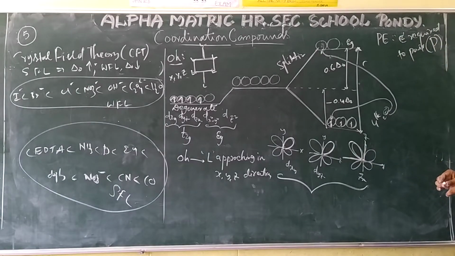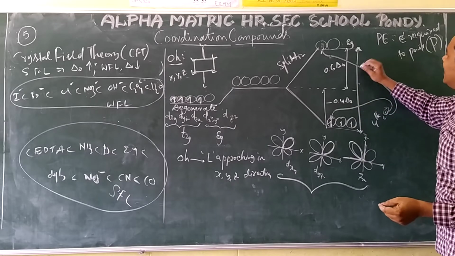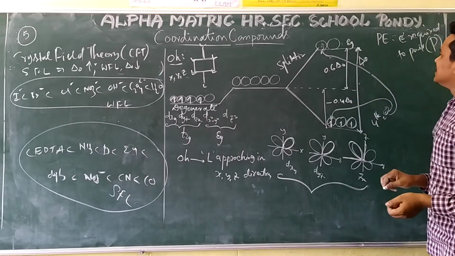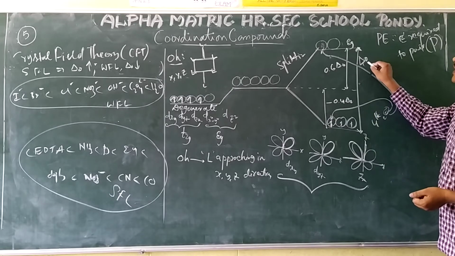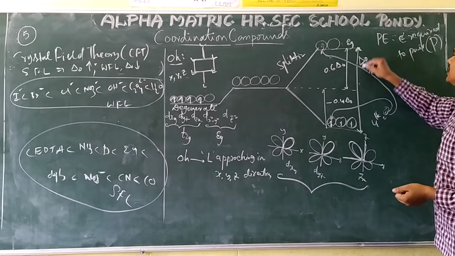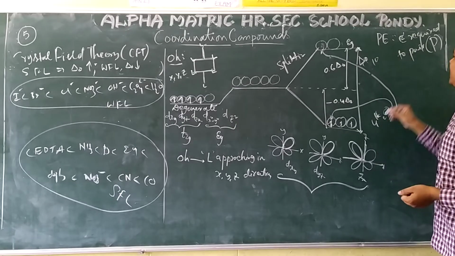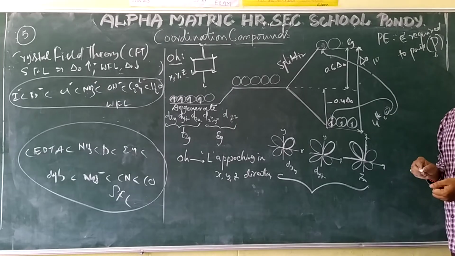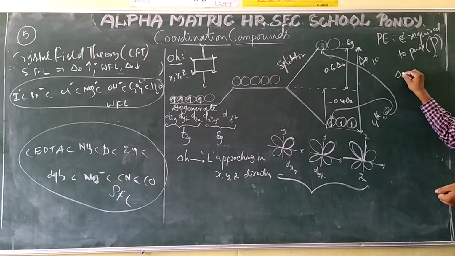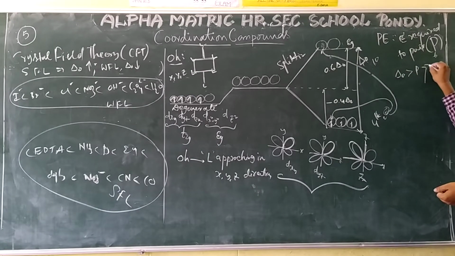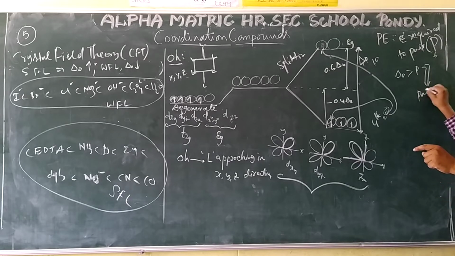If you know the delta naught value, the crystal field stabilization energy, and it is more than the pairing energy, for example, crystal field energy is 10, pairing energy only 6, this much energy is released. At that time, if delta naught is more than pairing energy, pairing occurs.